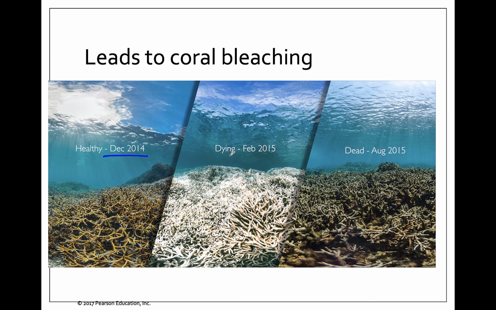By February 2015, that's like 3 months later, they have expelled all of their symbiotic organisms, and this leads to something called bleaching. And without the symbiotic organisms, the corals can't get enough nutrients because they were getting nutrients from the algae and the bacteria that live in them. And so eventually, this is August 2015, later that year, this coral reef was actually dead in less than a year because of acidification of the ocean.